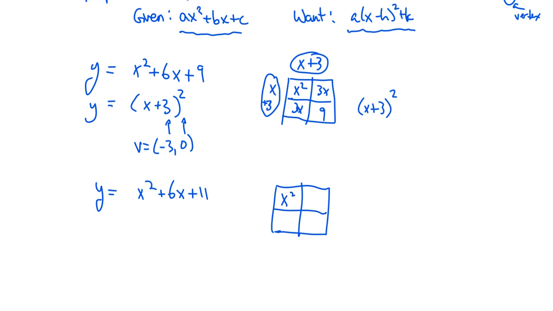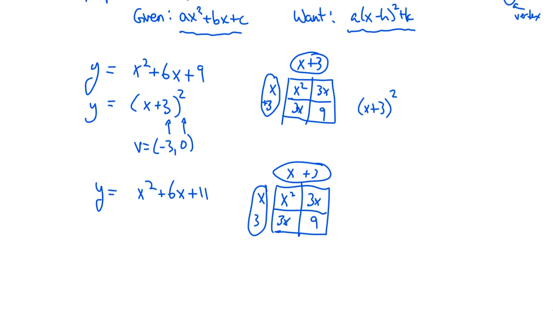And I want the dimensions to be the same so I can write it as something squared. So this will be x and this will be x. Again, I want the middle term to be 6x, so this box and this box must add up to 6x, but they must be the same. So they have to be 3's. So this has to be a 3, this has to be a 3, but this makes a 9.